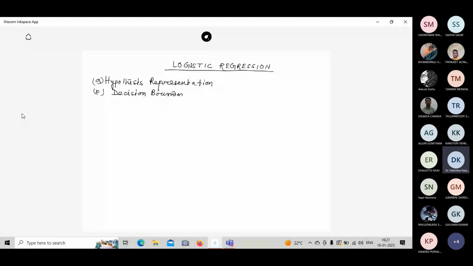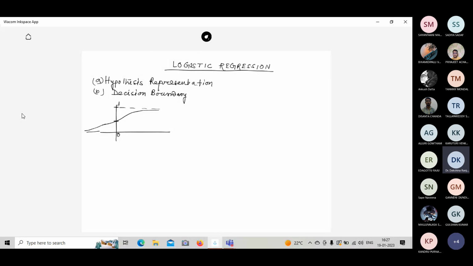Now in hypothesis representation, we have observed that if there is a curve of S shape, okay, this is 0 and this is 1.